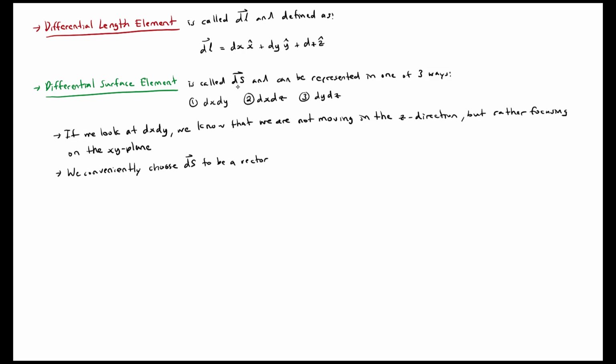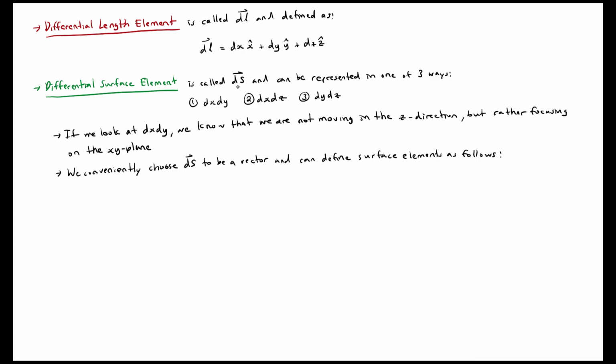So we conveniently choose ds to be a vector and can define surface elements as follows. So we do this because the cross product of two vectors, the unit vectors x and y, is going to produce a vector that's orthogonal to both of them, which would be the z-axis.